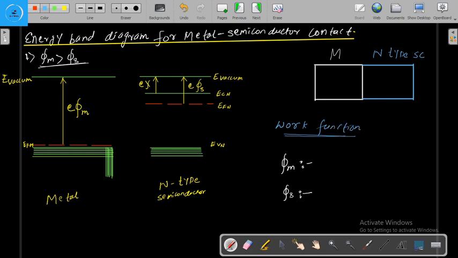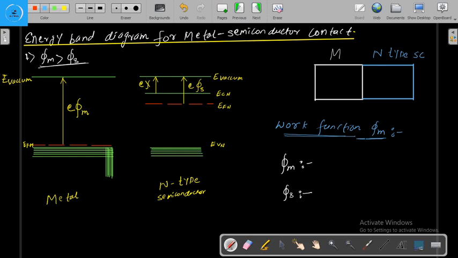Let us define the work function for the metal, phi m. The work function of the metal is defined as the minimum amount of energy required to escape the electron from the metal at absolute zero temperature.